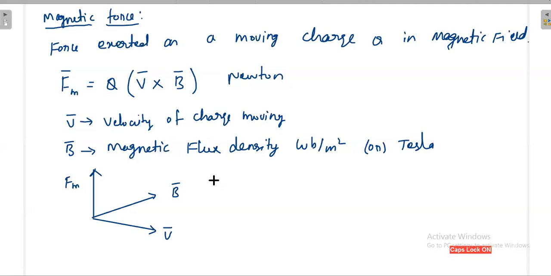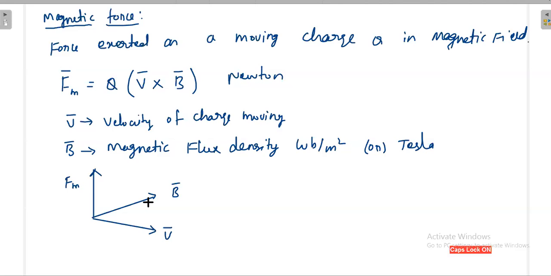And one more thing, what is the angle between V bar and B bar? Once the angle is zero, you will not have any force, because whenever the magnetic field is exactly in the direction of V bar, the angle is zero. Once angle is zero, you will not have any force. As the angle increases, your force increases.